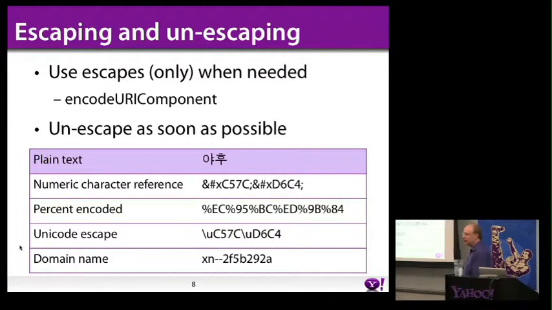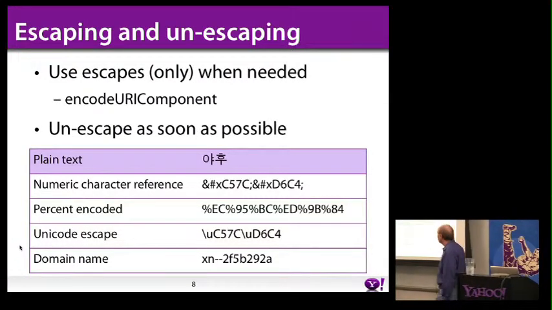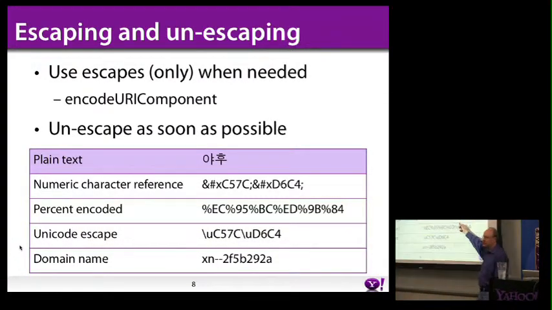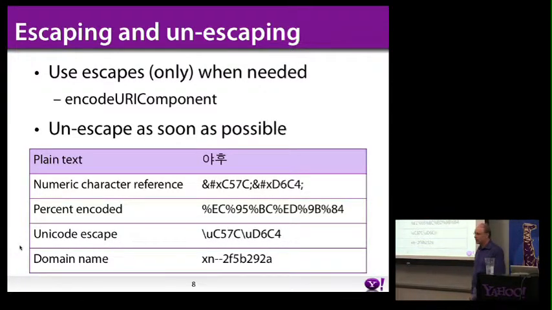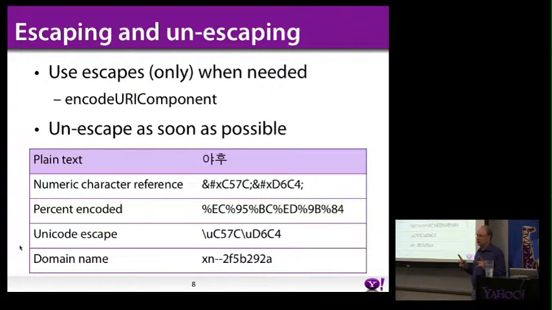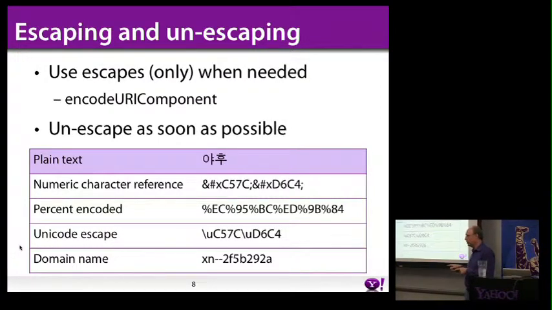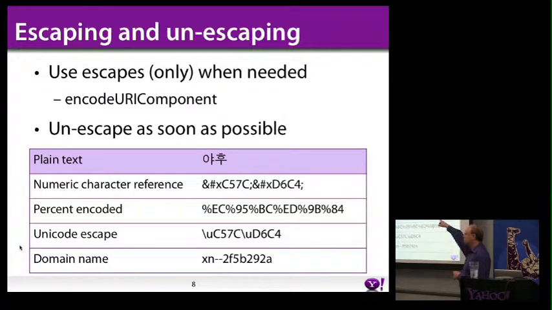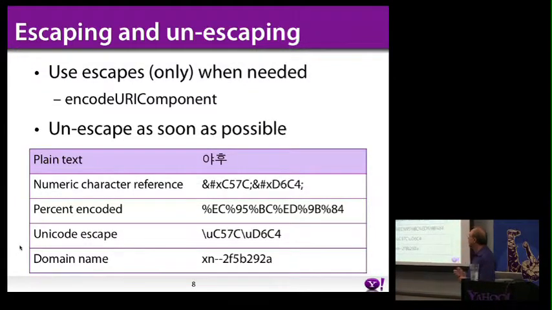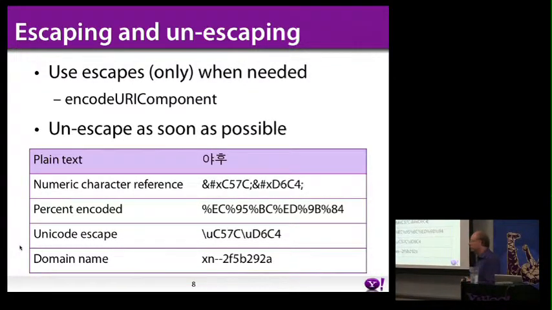If you want to write that in HTML, where you're not sure that it's in UTF-8, you would have to use a numeric character reference. You would see these in HTML and XML. If you want to send the character using a URL, so in the path or in the query part of a URL, then you would have to use the percent encoding. That happens to be supported in JavaScript using the encodeURIComponent function. So that's easy to handle.